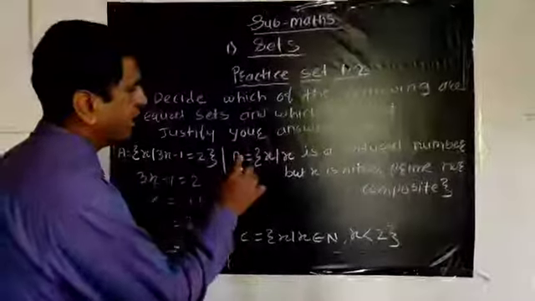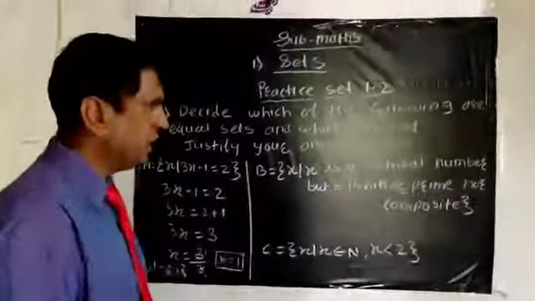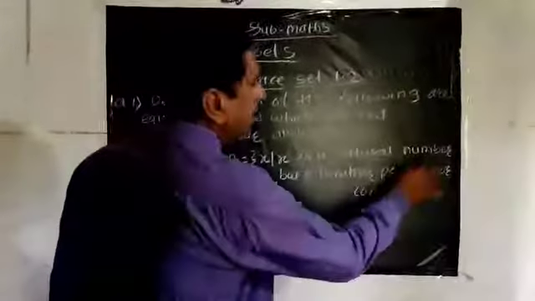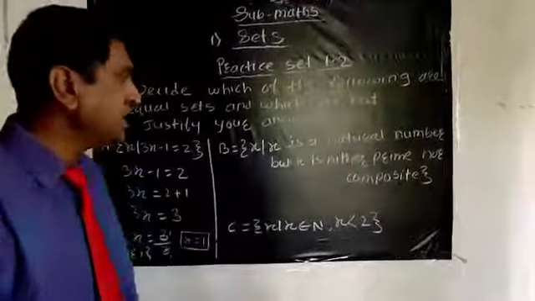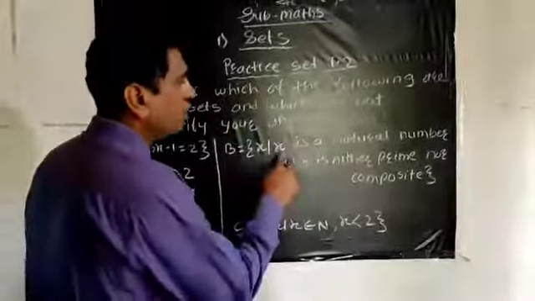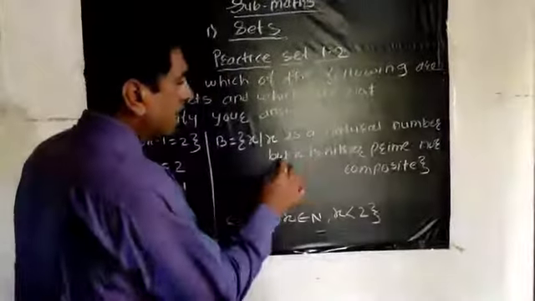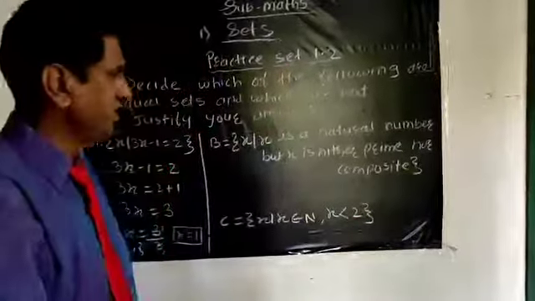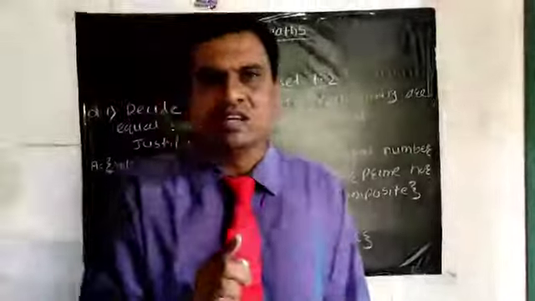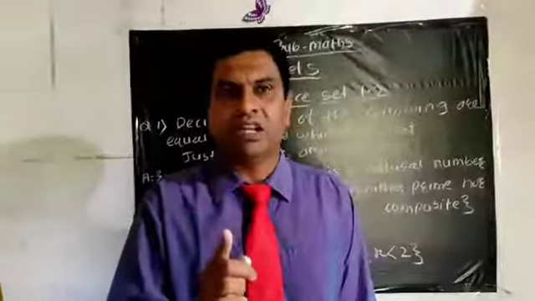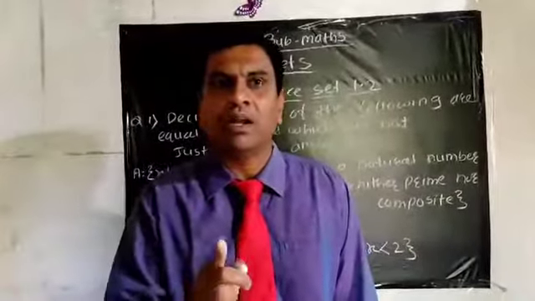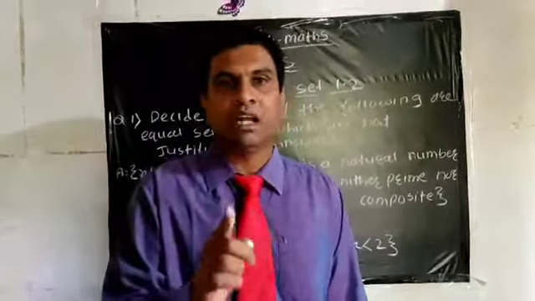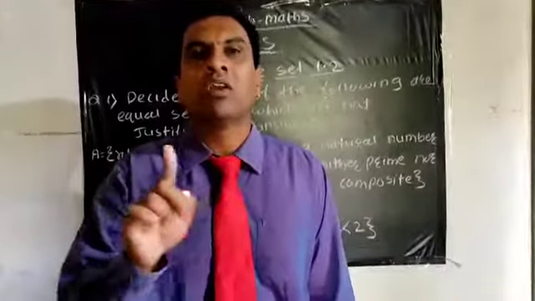Then the second set, B. What is set B? B equals {x : x is a natural number}, but a condition is given there. Which natural number is this? x is a natural number, but the condition is that this natural number is neither prime nor composite.